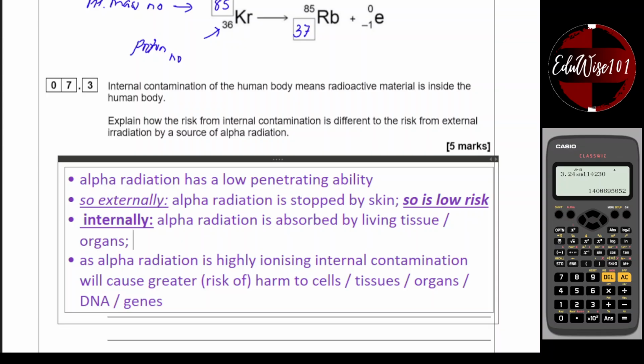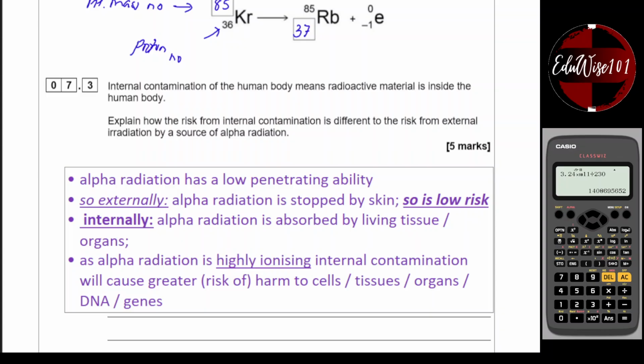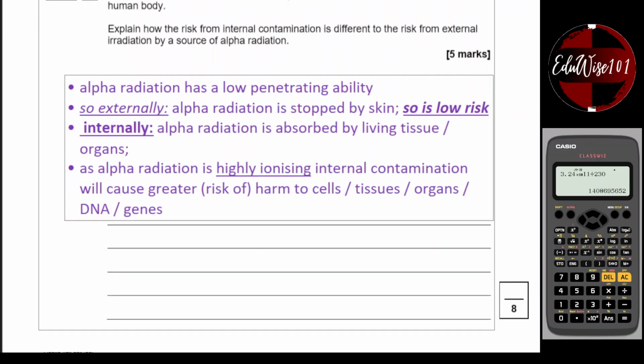As alpha radiation is highly ionizing, right, that's your danger. As alpha radiation is highly ionizing, internal contamination will cause greater risk or harm to cells, tissues, organs, or the genes and DNA, which can result in mutation and cause cancer.